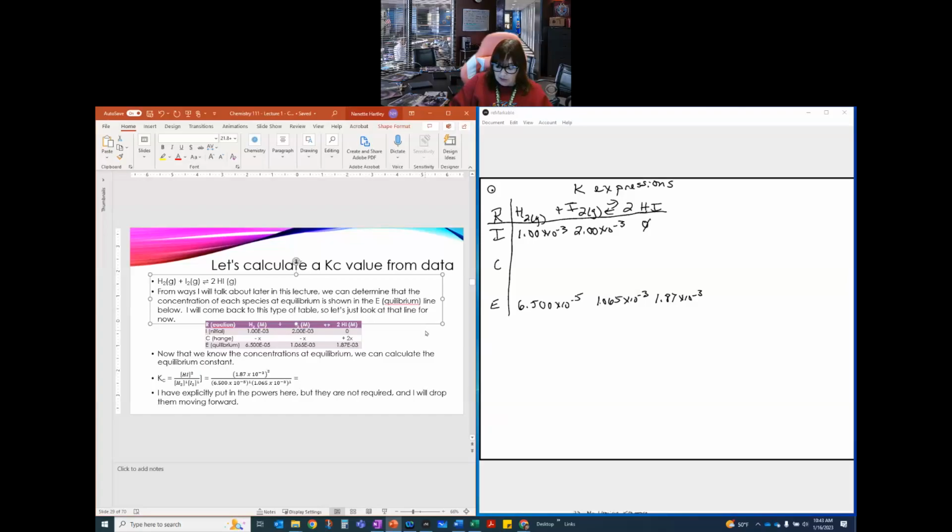Now I know for this reaction that my Kc is going to be equal to the concentration of HI squared, over the concentration of I2 times the concentration of H2. Okay, and I have values that I've been given here. I see that my HI is 1.87 times 10 to the minus third, and that's going to be squared.